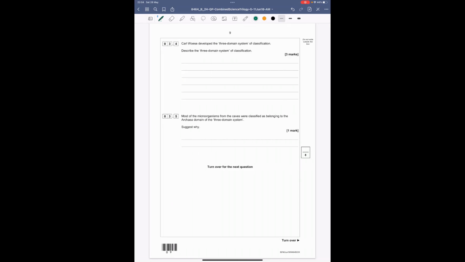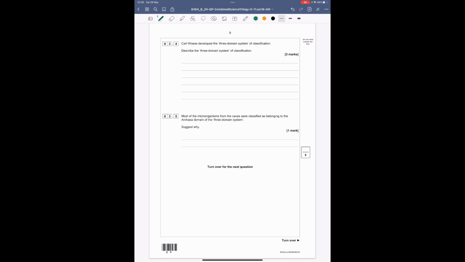Question 3.4 then. Carl Woese developed the 3-domain system of classification. Describe his 3-domain system. So remember, with classification, there are 2 systems. There was the Carl Linnaeus version, which is the kingdom, phylum, class, order, genus, species, the big rank order with the 5 different kingdoms.